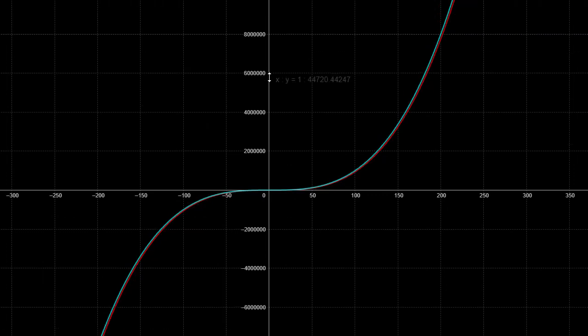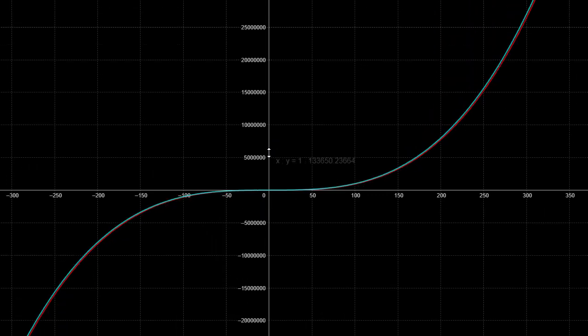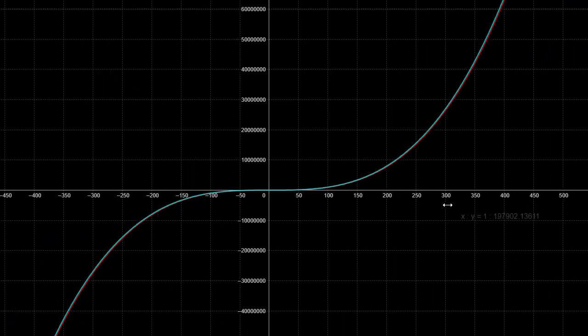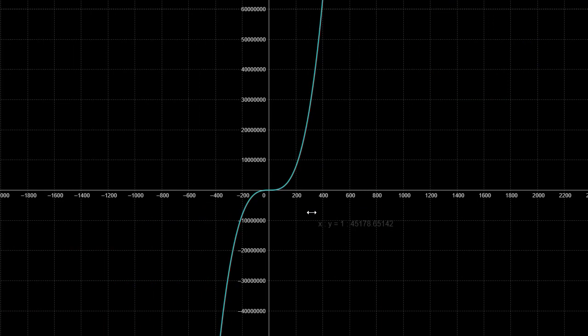So on a large enough timeline, if we zoom out far enough, now we've zoomed out a lot. Our y values here are, what is that, maybe 10 million. And our x values, the tick marks, are 200.